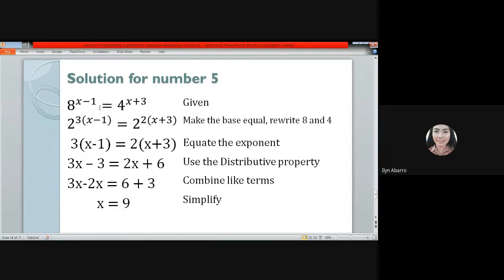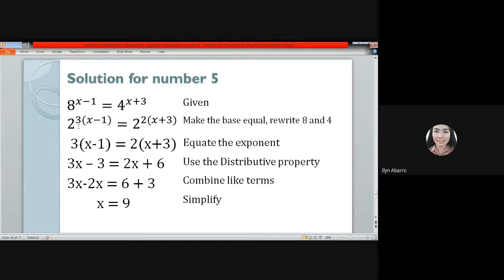So, we think of another way of how they will become equal. So, 4 can be written as in the base of 2, right? That is 2 squared. And 8 can also be written in the base of 2, that is 2 cubed. Okay? So now, we can write the equation as 2 cubed raised to x minus 1 is equal to 2 squared raised to x plus 3. Okay?